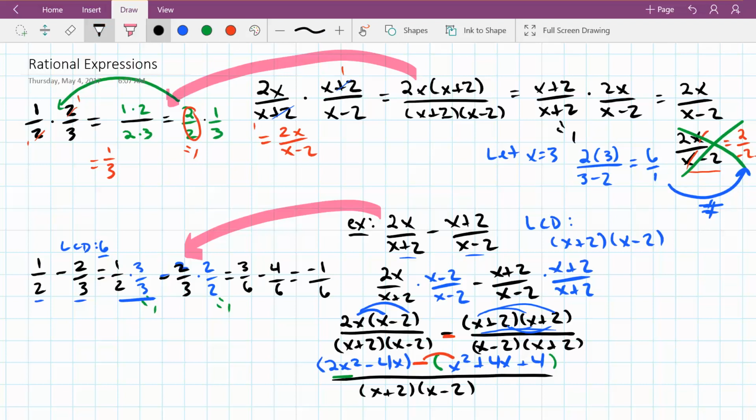So 2x squared minus 1x squared is 1x squared. Then we have negative 4x minus a 4x. Again, distribute that negative through, so negative 4x minus another 4x is negative 8x. And then one last time distributing this negative through, it was a plus 4, now it's a minus 4, all over that LCD, x plus 2, x minus 2.